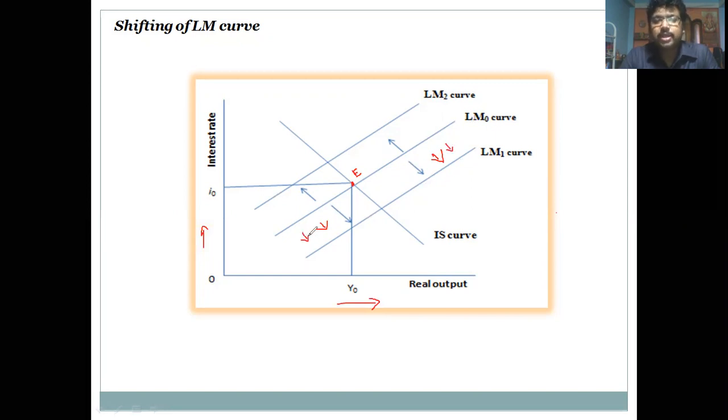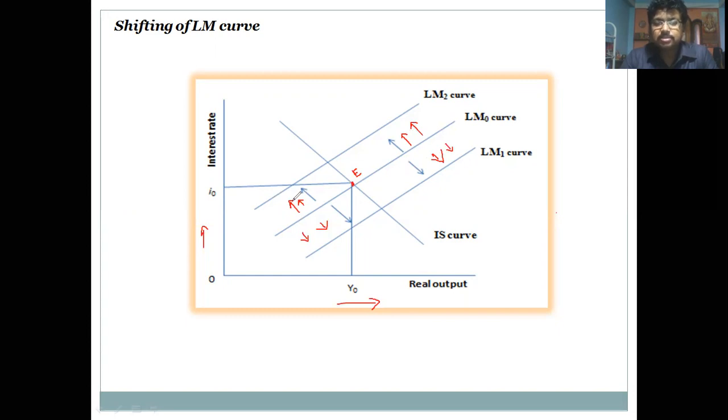Now, if the opposite case happens, suppose there is a decrease in the nominal stock of money, then the LM0 curve will shift leftward. And if there is an increase in price level, given the nominal stock of money, then the LM0 curve will also shift leftward.